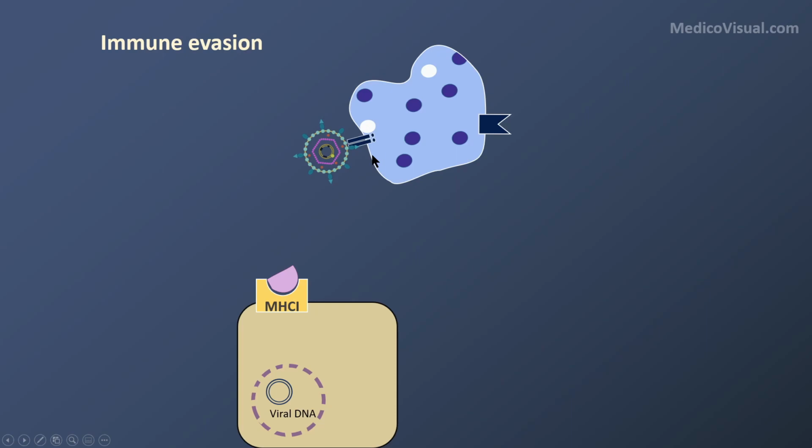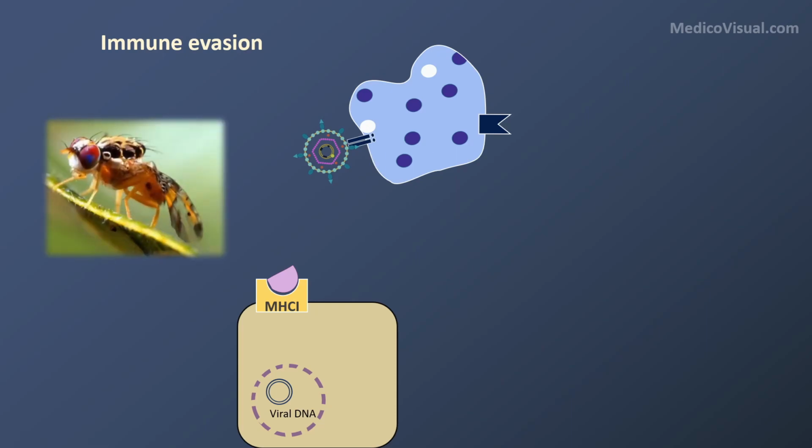What are these receptors? In Drosophila, the fruit fly, they found these receptors. They are also involved in embryonic growth, and of course they have a role in the immune system as well.